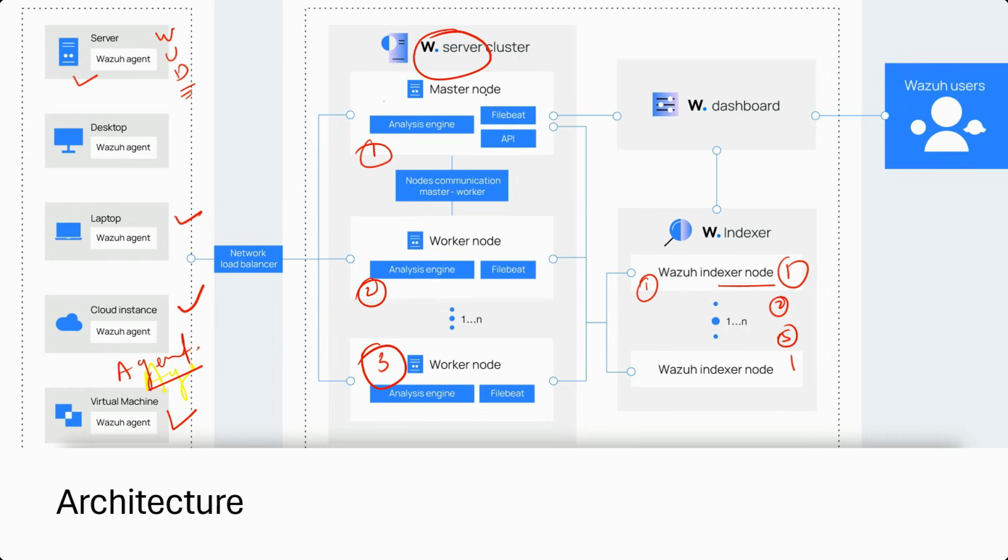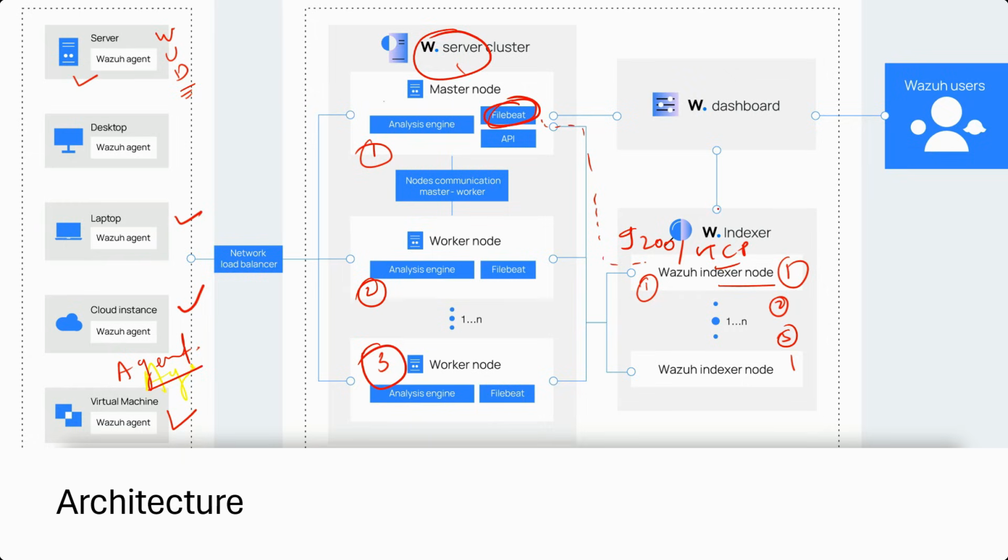Now you see something special here. The Wazuh server can send data and talk to the indexer through Filebeat. The Wazuh server uses Filebeat to send the alerts and events to the indexer. This is the module used to connect and send the data from server to indexer. The Wazuh server outputs the data and sends it to the Wazuh indexer by default on TCP port 9200.